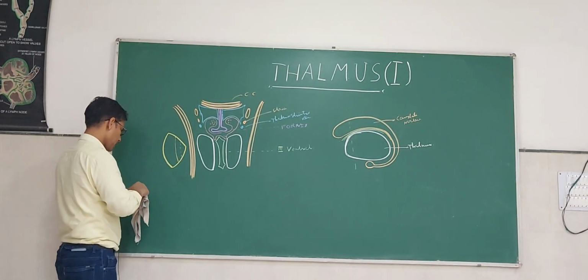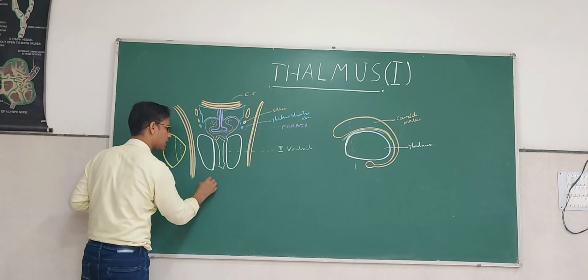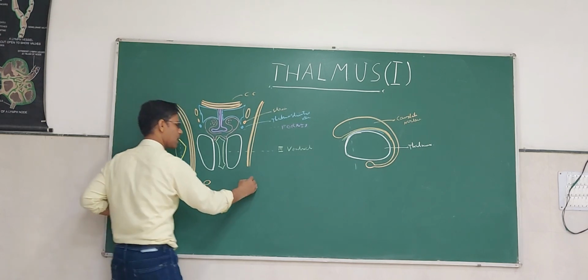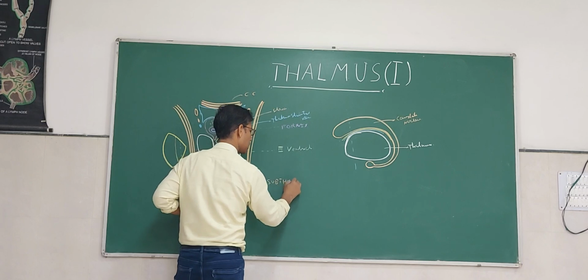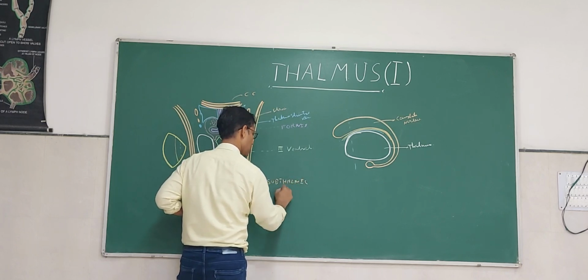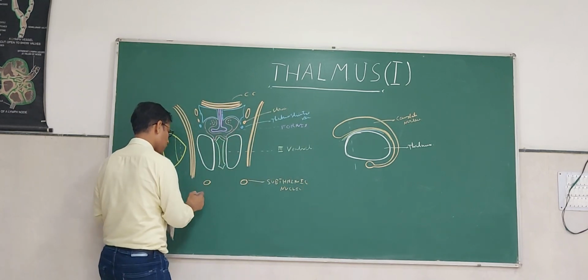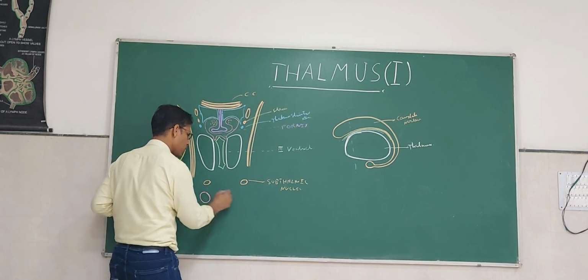Not only that, below the thalamus there is the subthalamic nucleus. And much more, there is the red nucleus.